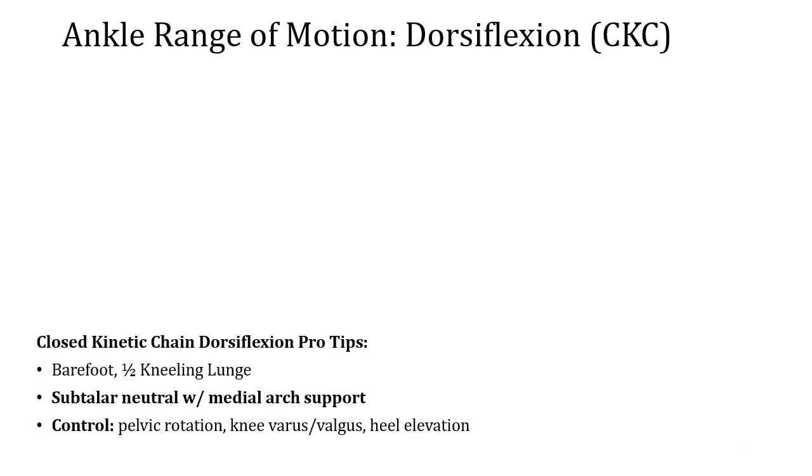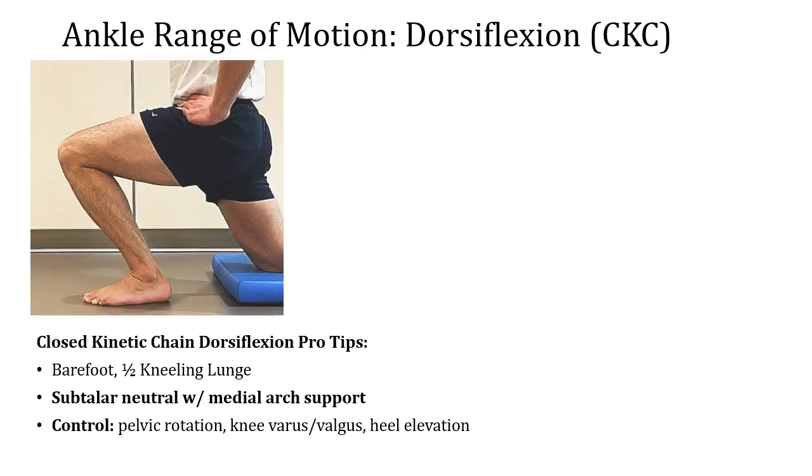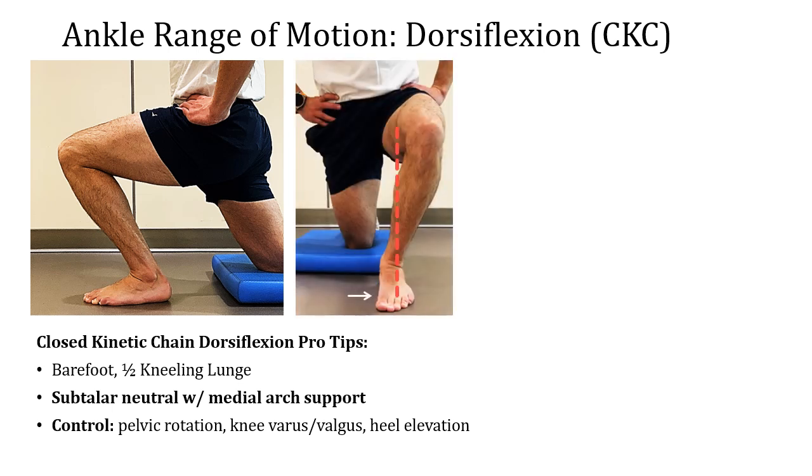All right, closed kinetic chain dorsiflexion pro tips, because this is something I consistently see done incorrectly. You're going to want to keep the pelvis and the subtalar joint neutral, and you're going to want to keep that hind heel down. Because people can go into rotation around their pelvis and or the tibia in order to be able to achieve a greater range of motion.